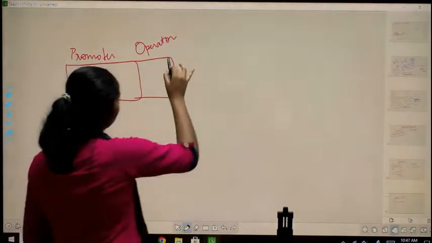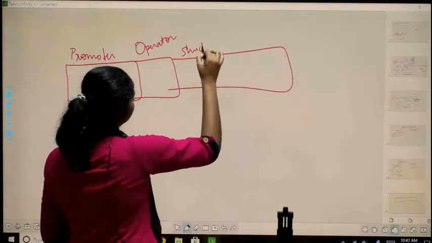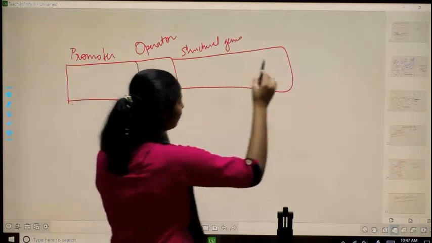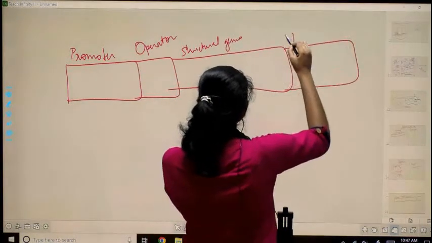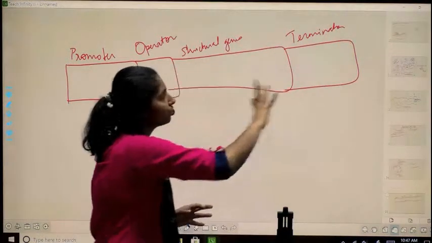And then we have the structural genes. And then we finally have the terminator. So this is the transcription unit of a prokaryote.